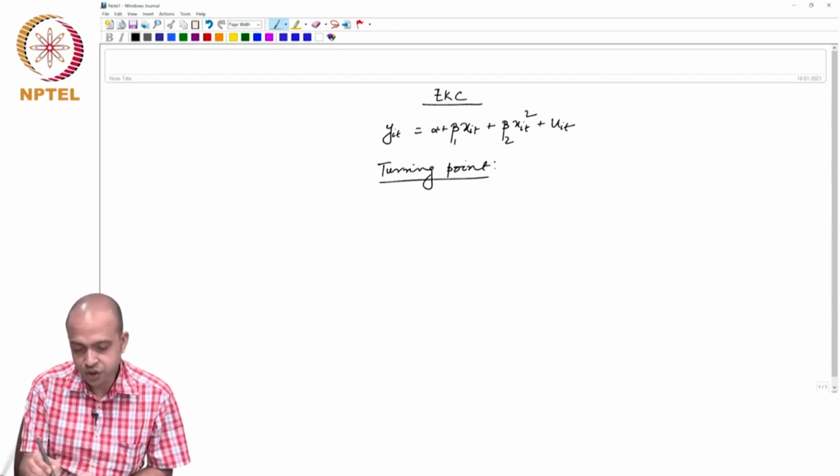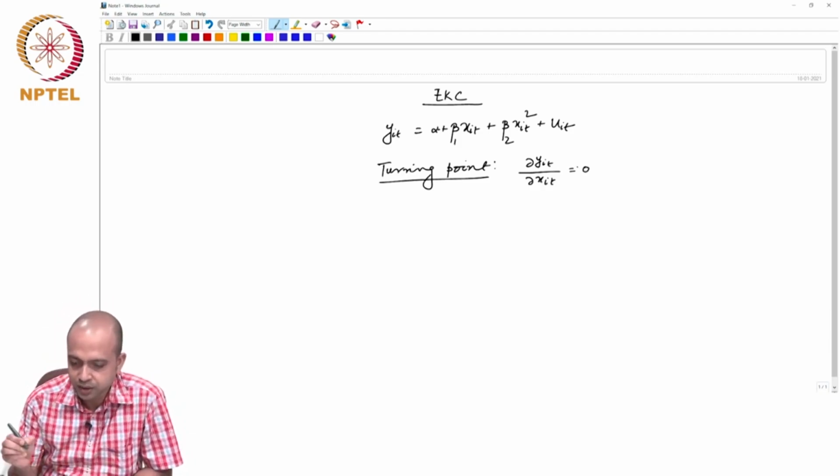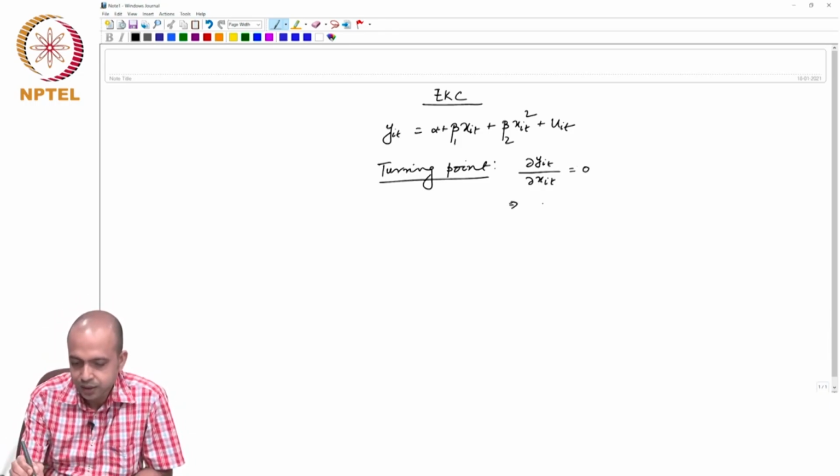So, if we differentiate this function with respect to X_it and set it equal to 0, this will imply that beta 1 plus 2 into beta 2 X_it equals 0.